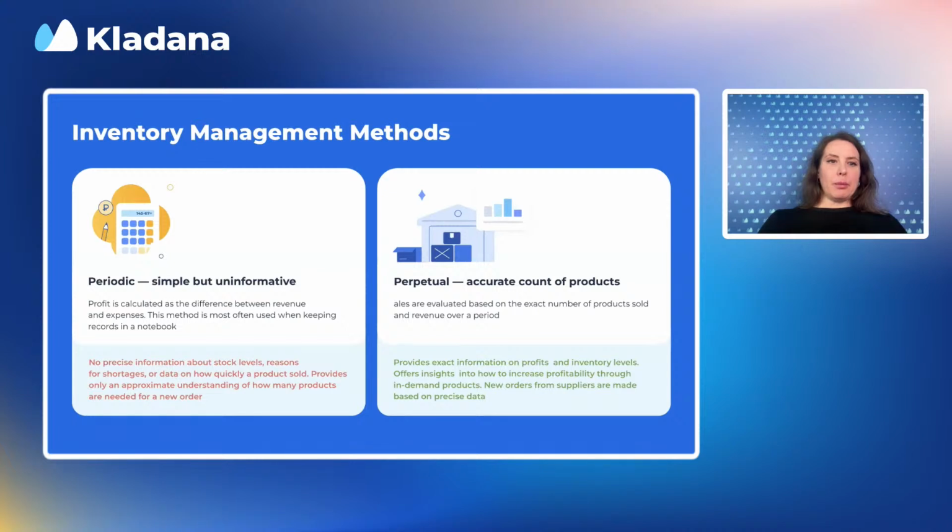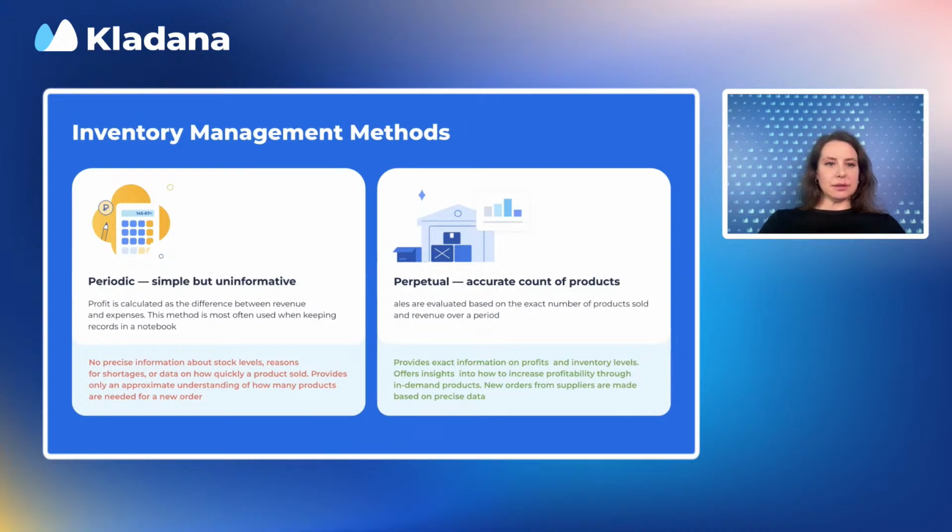And about how to manage inventory. Yes, we talk a lot about different approaches, theoretical things. One important thing is how to do it in real life. Sometimes it can be done periodically, but it's very easy and not informative, because profit is calculated as a difference.